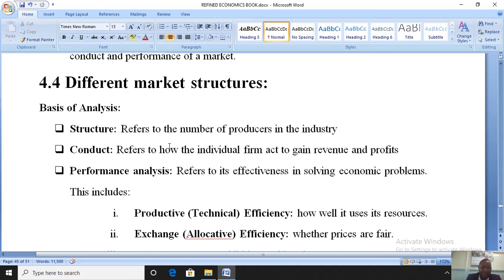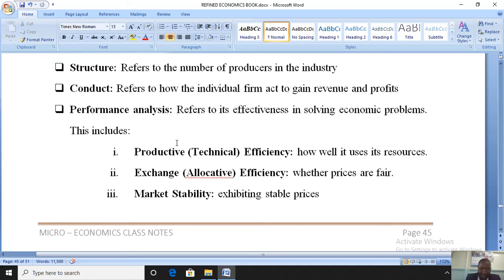Now, performance looks at 3 things as well. Under performance, we look at the productive efficiency of the firms, or the technical efficiency of the firms. This looks at how well the firms are using the resources, or limited resources.